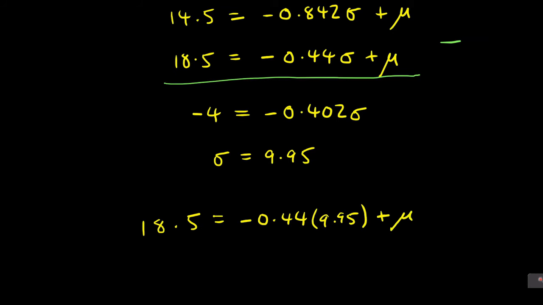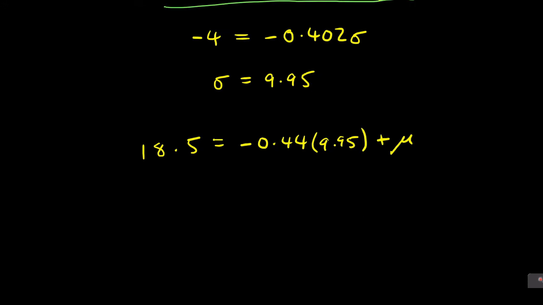Let me do that: times 0.44, and I'm going to add it to 18.5. That gives me a value of 22.87. I'm just going to check the answer to make sure I'm right. Yeah, I've checked. It's 22.9 according to the mark scheme. So mu is equal to 22.9.